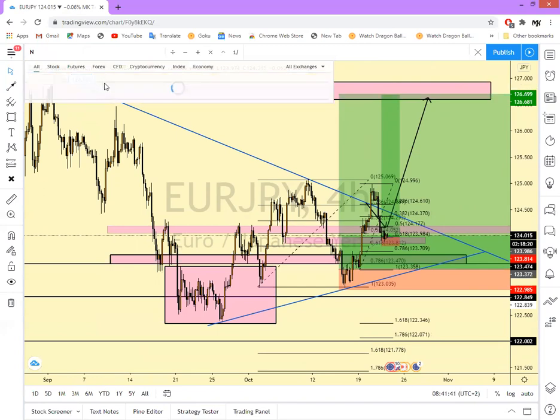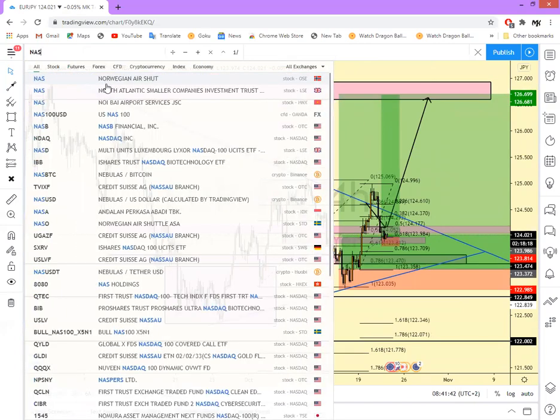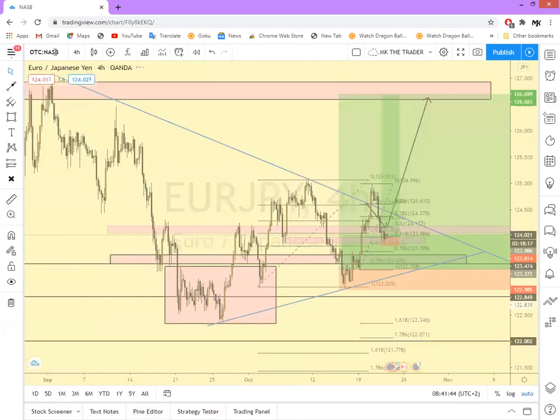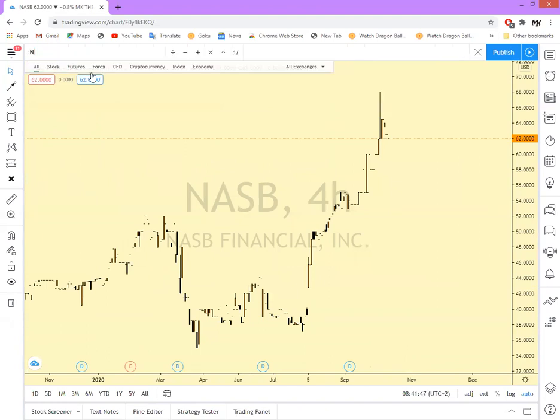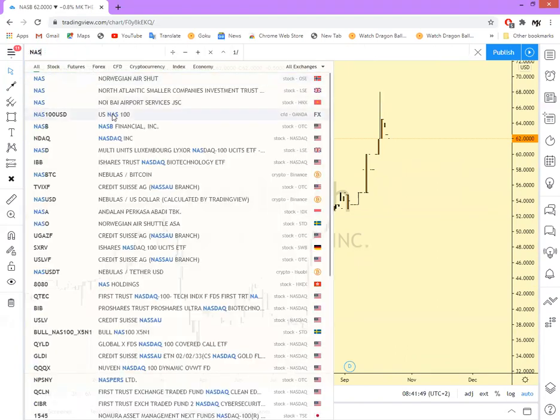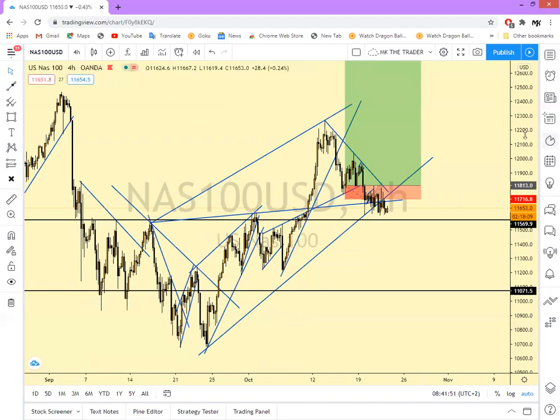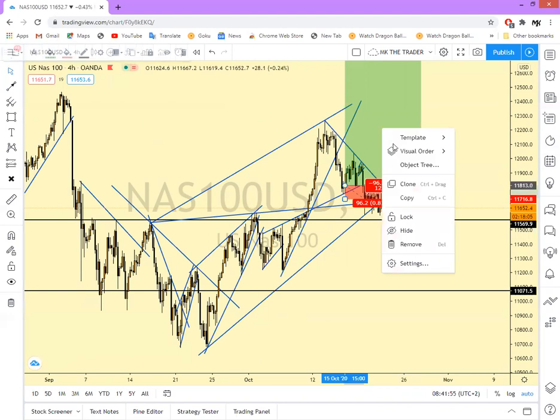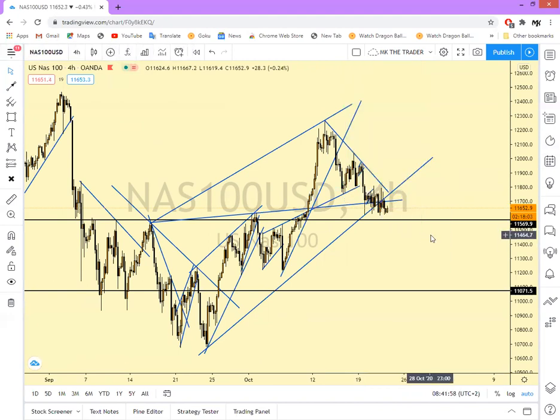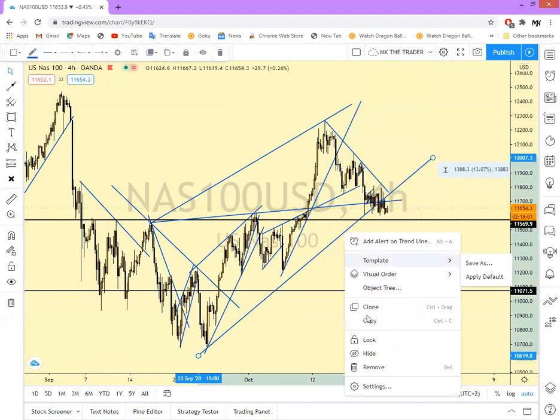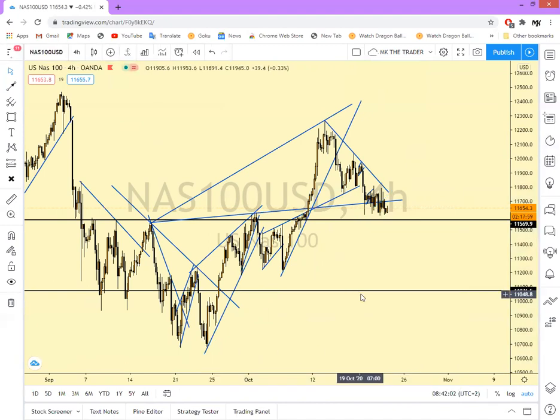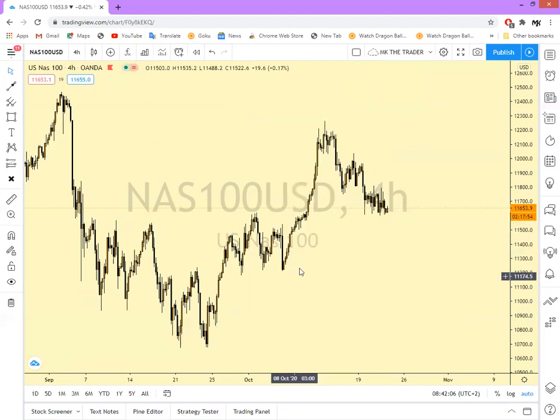Let's forget about it. Okay, let's get to Nasdaq or NAS 100 or whatever. NAS 100, and this one was taken up on break even. So let's remove this. Let's remove all of this.